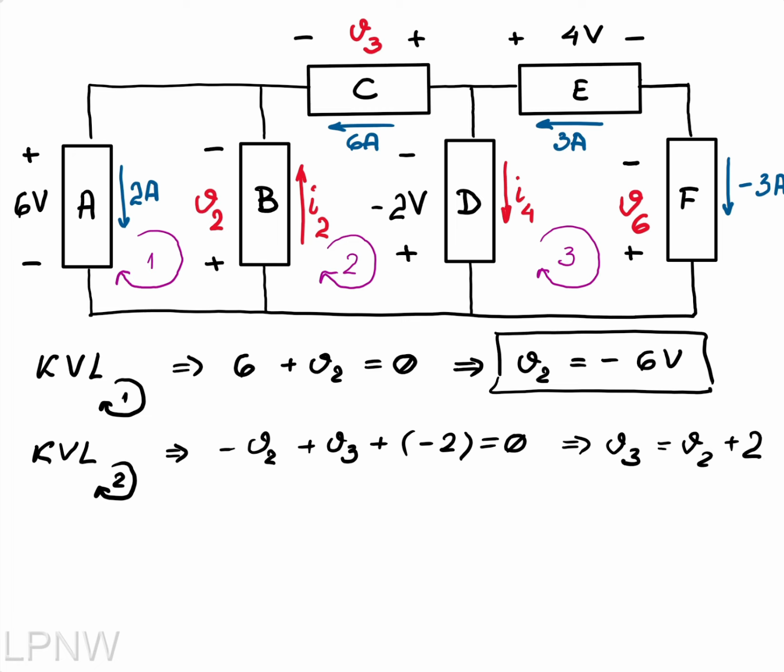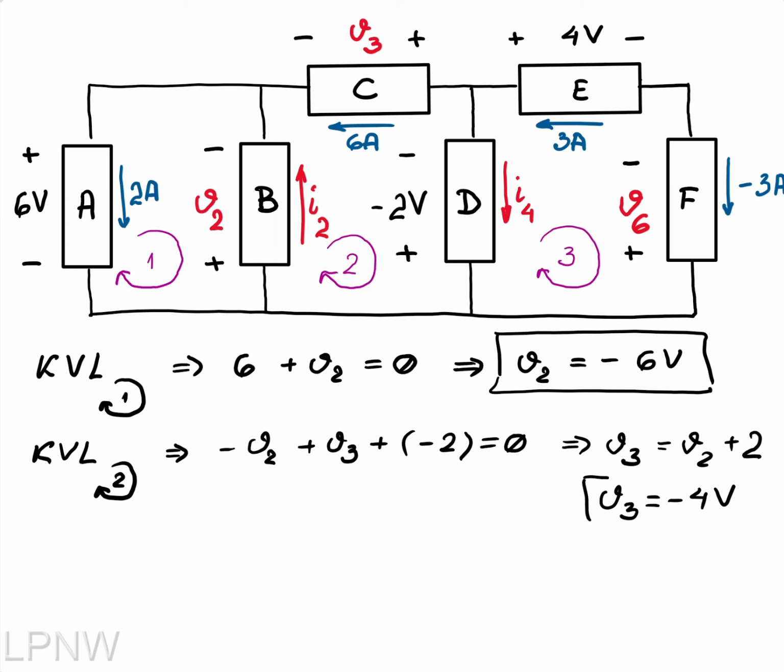I will keep it in mind and try to work with whatever I have found. Because the value for V2 is known as negative 6, we could say that V3 is negative 6 plus 2, eventually ending up at negative 4 volts.